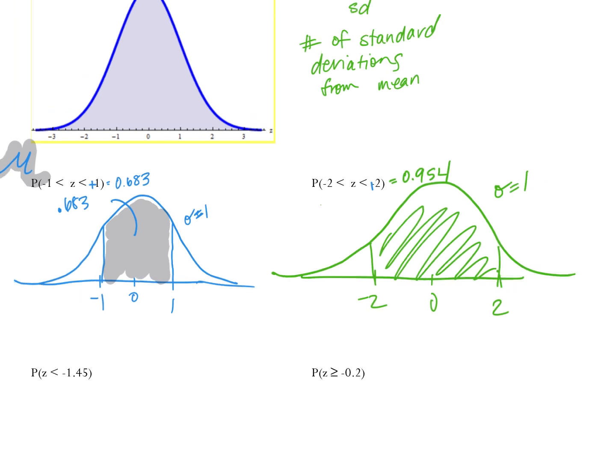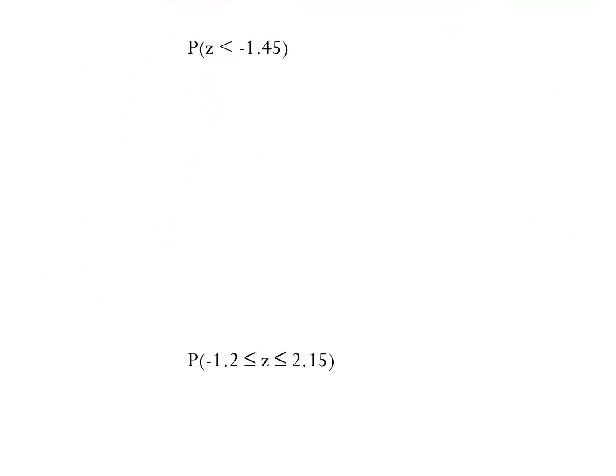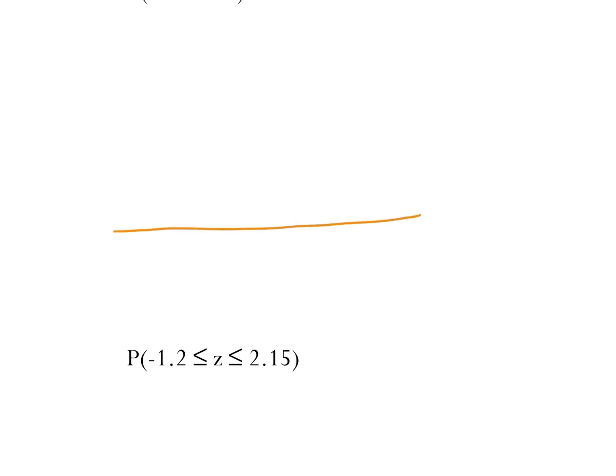So, what if I ask you z is less than -1.45? That doesn't fit that rule, like, at all, does it? First of all, where is -1.45? Kind of there-ish, right?